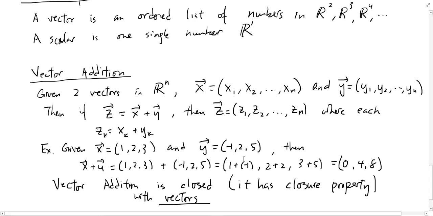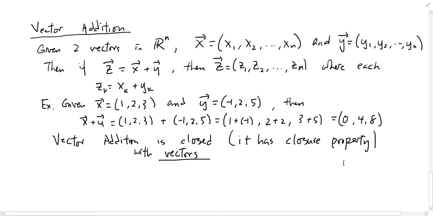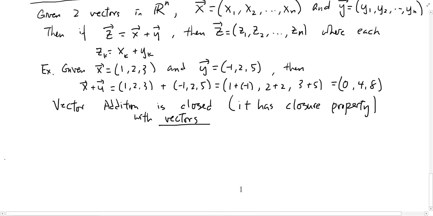The next operation I would like to define is this one. Scroll down some more. Okay, here we go. The next operation I want to define is called scalar multiplication of vectors.